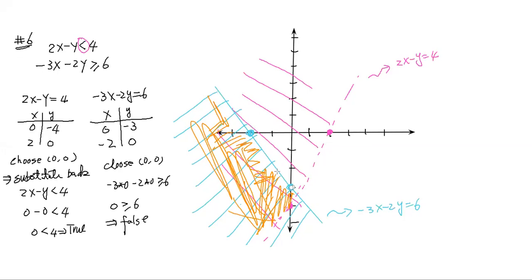Okay, it's kind of like this area. Why did I go in different directions? Anyway, you see that, it's in this area, from here to here. So this area is my solution.